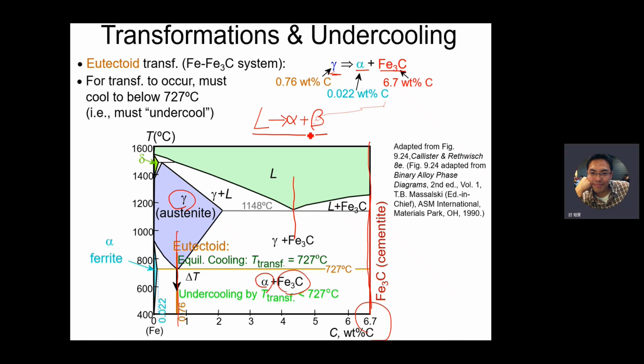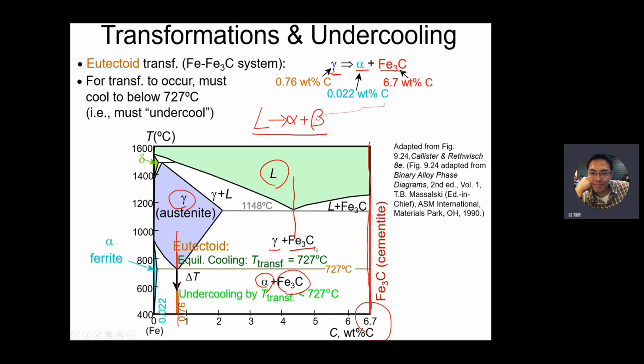One liquid transforms into two solid phases. The equilibrium temperature of the eutectic reaction is 1148 Celsius, and the equilibrium temperature for the eutectoid reaction is about 727 Celsius.